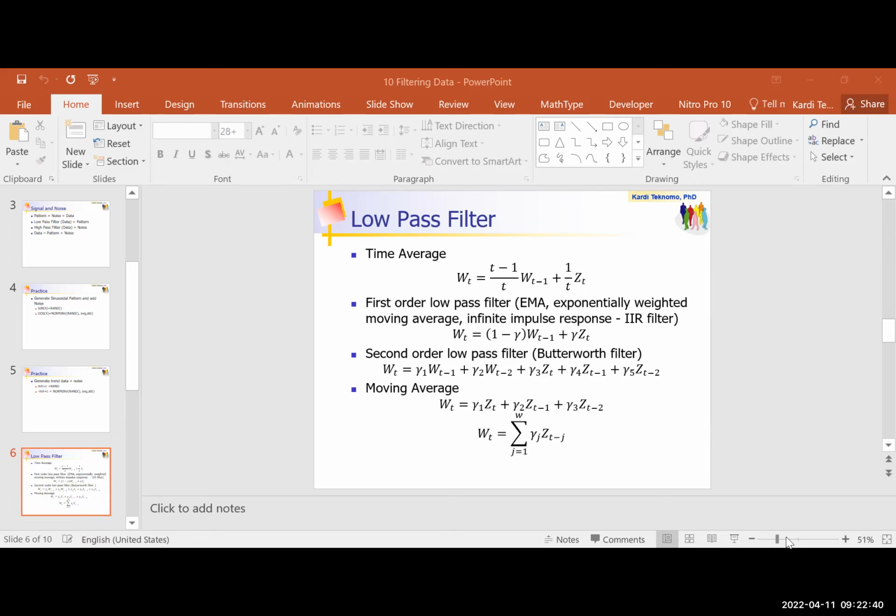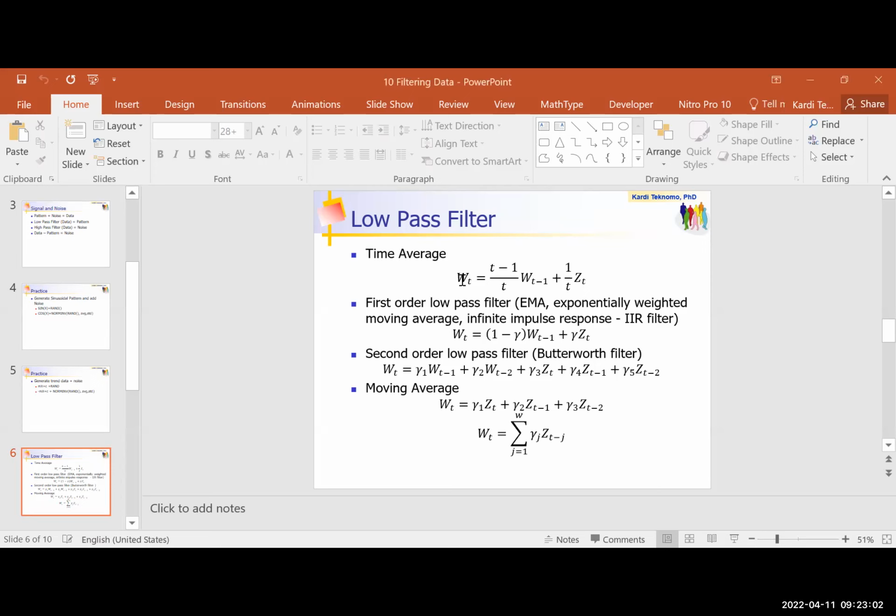Or we can use a Butterworth filter, a second order low pass filter. Let's do it one by one so that you will understand, and then we will apply this to our data.